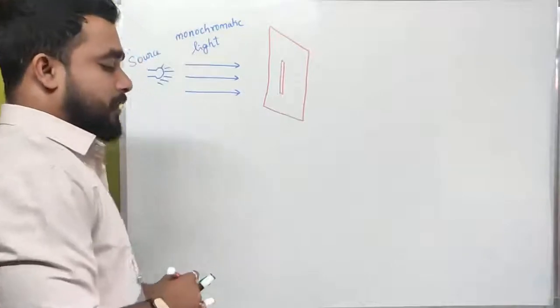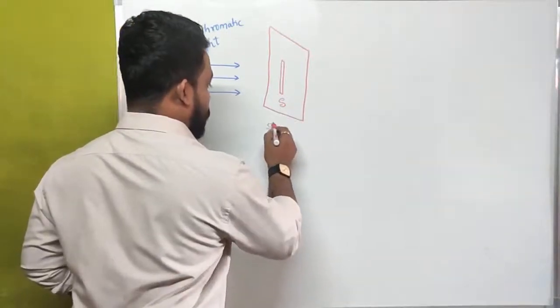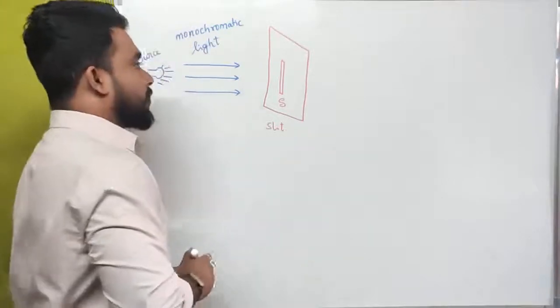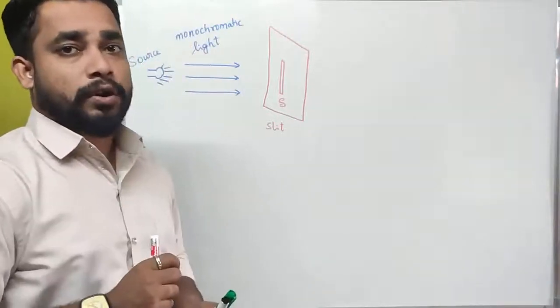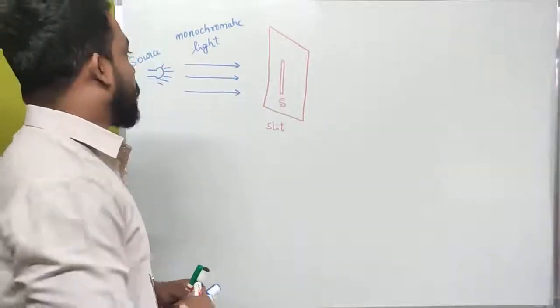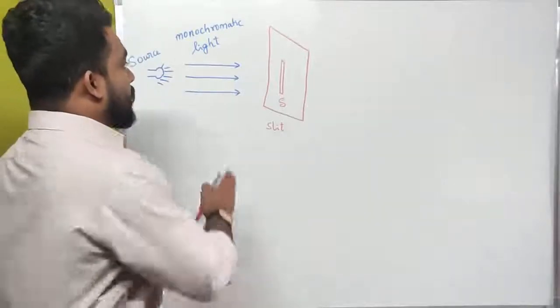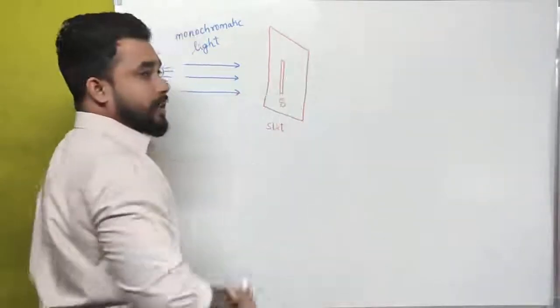Let us assume this as the slit. The slit should be very small; the gap of the slit has to be very small. The light rays travelling in the medium then have to pass through this slit.